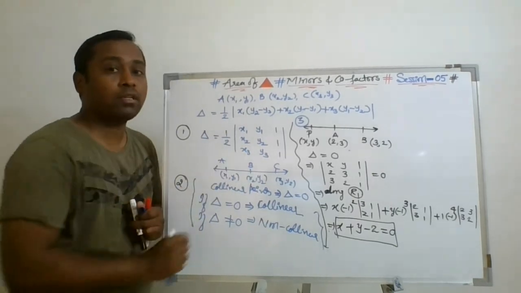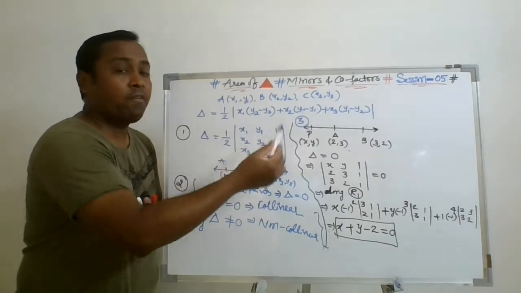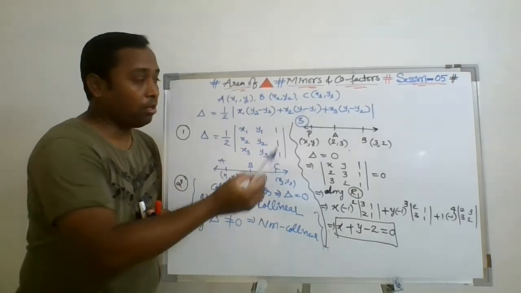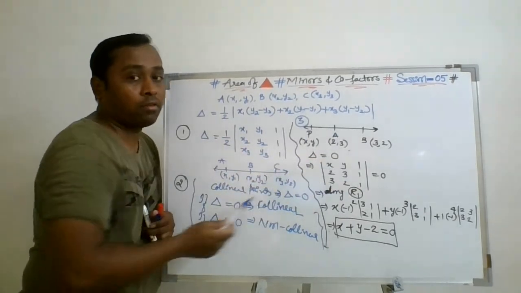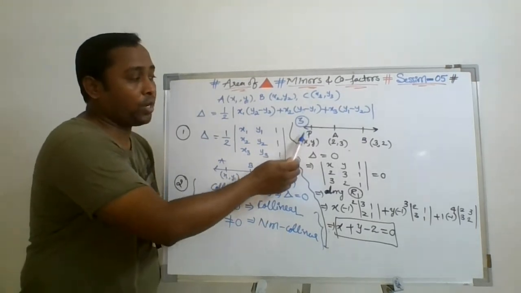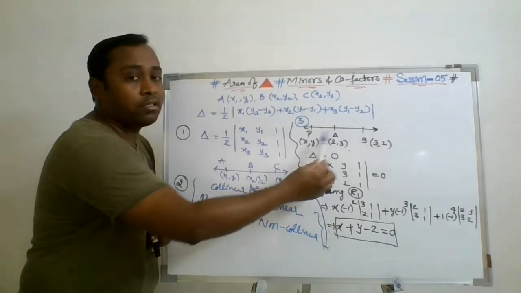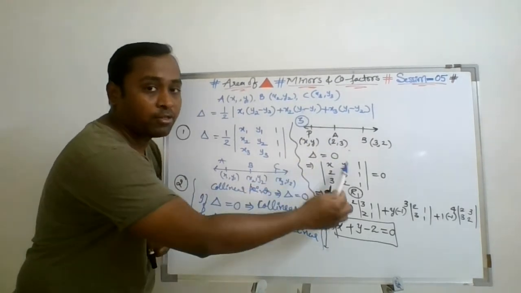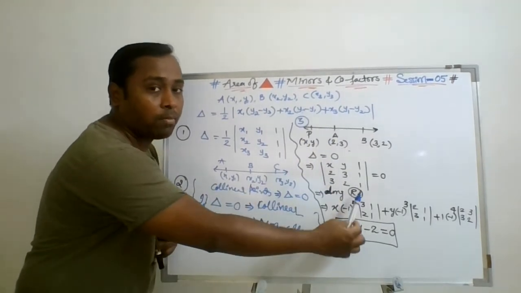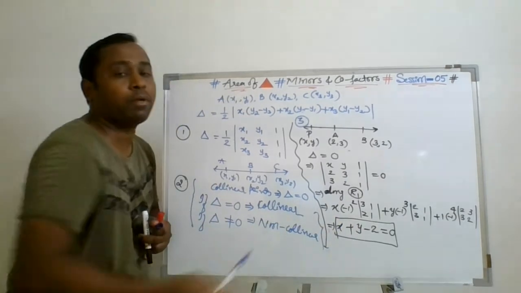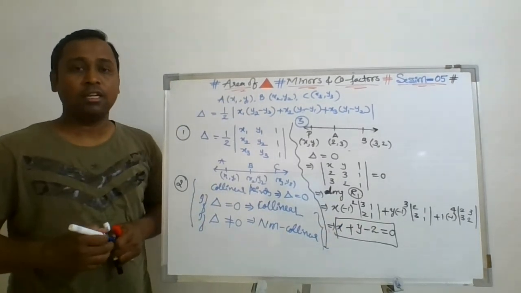The third point was how to find the equation of the straight line when 2 points are given on that line, by taking a third point as a variable point (x, y) on it. Hence we use the concept of collinearity where delta must be 0, the area of triangle formula must be 0. By expanding it, you will be able to find the equation of the straight line.